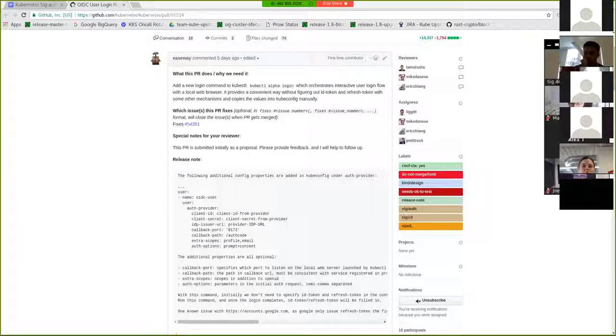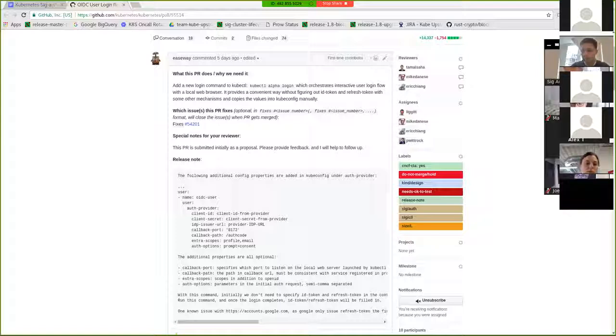So I think a design treating those two bits as separate and letting auth providers contribute some sort of interactive flow, either via a mechanism like this, or I think Mike Denise had talked about maybe leveraging some of the plugin capabilities. But yeah, it's interesting. I think it needs thought.